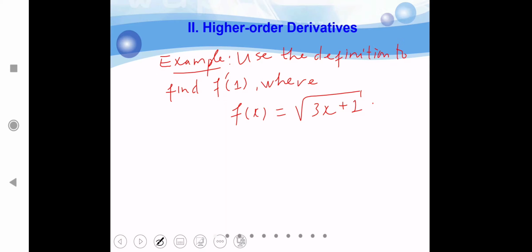Use the definition to find f prime 1. That means you find the derivative of the given function at x equal number 1. Okay. Solution.